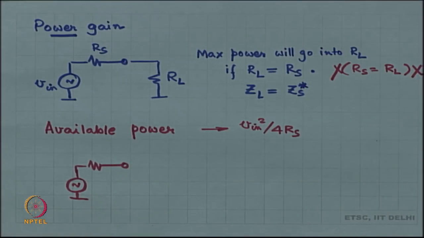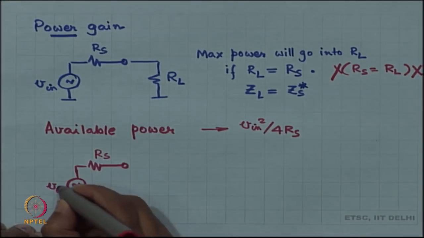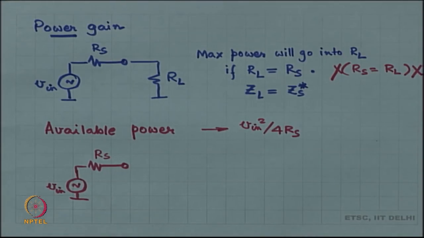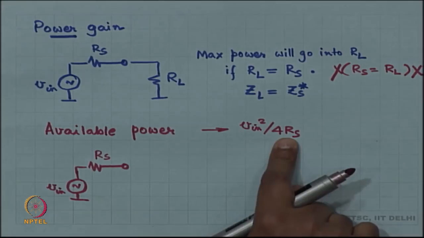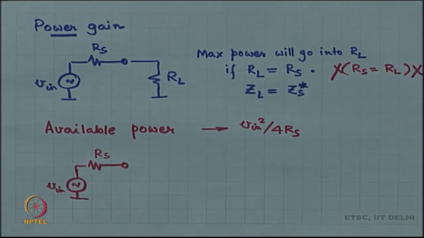In that case, the available power from this microphone pickup is Vin squared by 4Rs. This is the available power. Power more than this cannot be taken out of the microphone. Vin squared by 4Rs is the available power. A power more than this value cannot be drawn from this microphone at all.